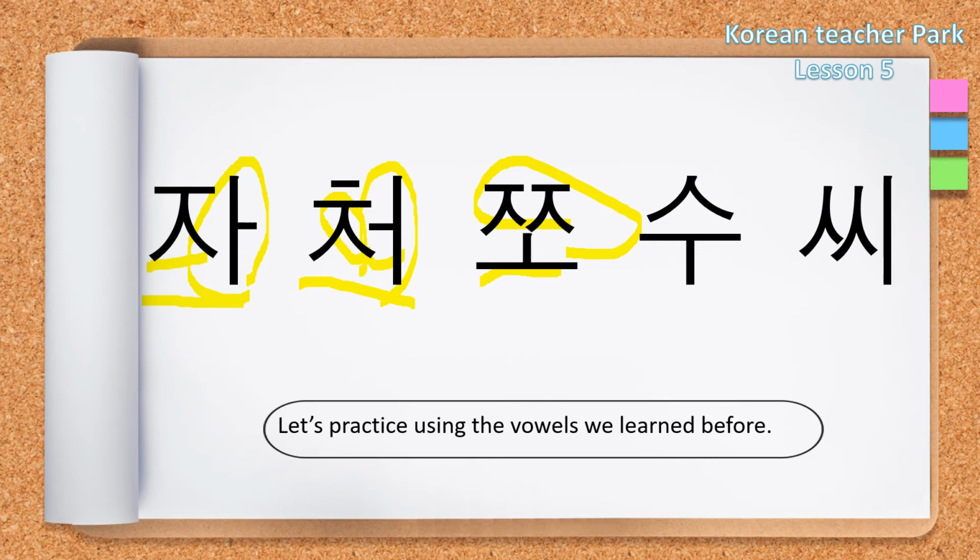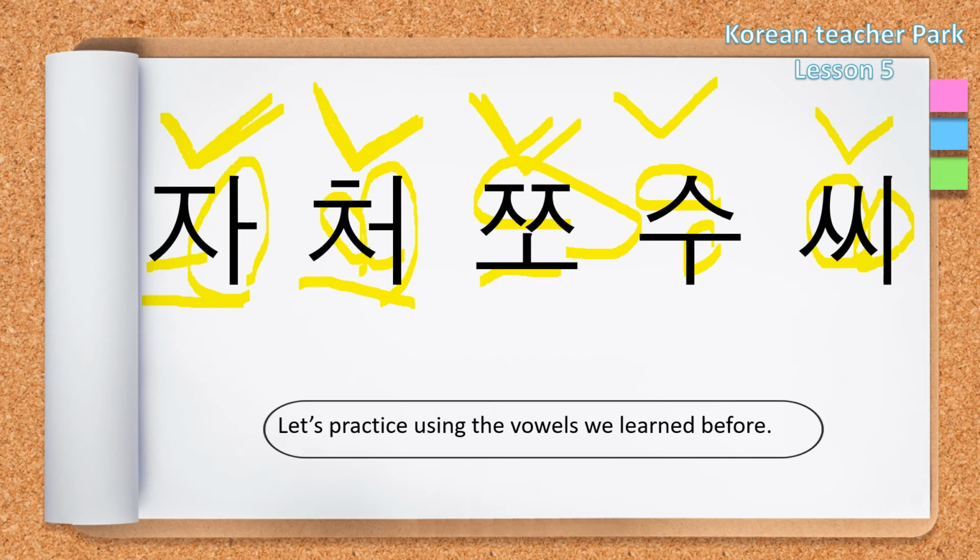Next, the 스 sound with the 우 sound together. 수. The 쓰 sound with the 이 sound together. 시. Read again. 자, 쳐, 쪼, 수, 시. Repeat with me. 자, 쳐, 쪼, 수, 시.